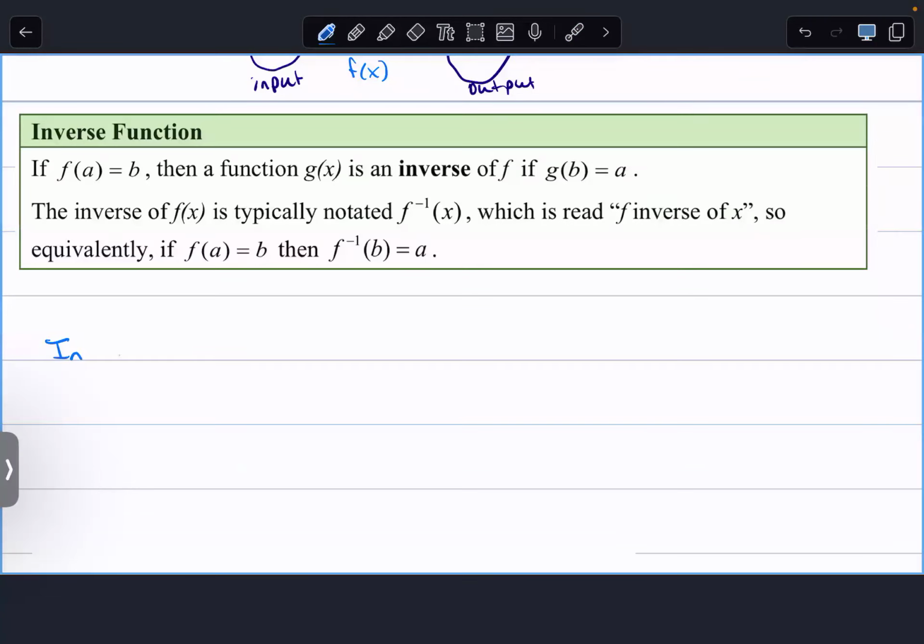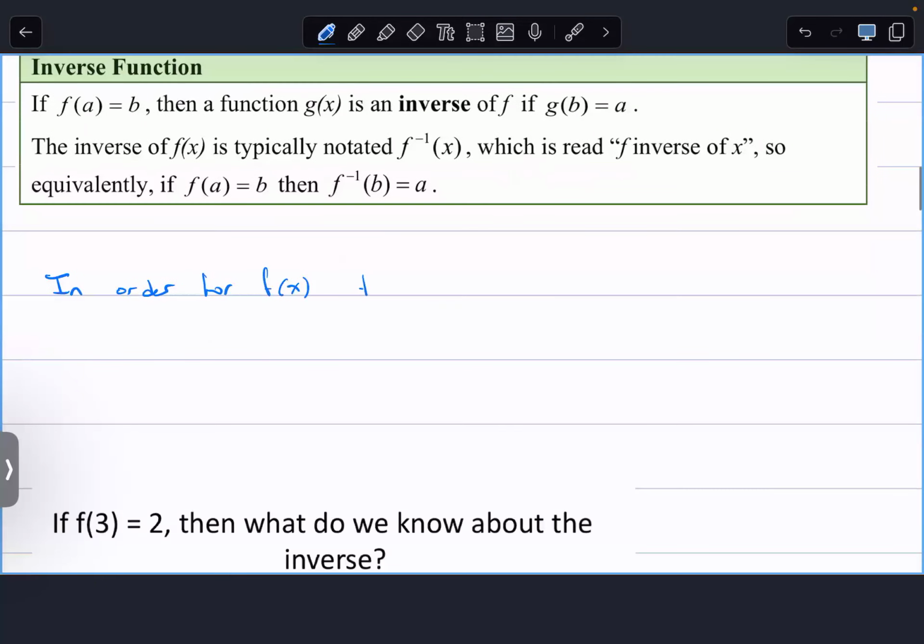Let's do this. In order for f of x to have an inverse, which we denote by f to the -1 of x. Now this is not a power.